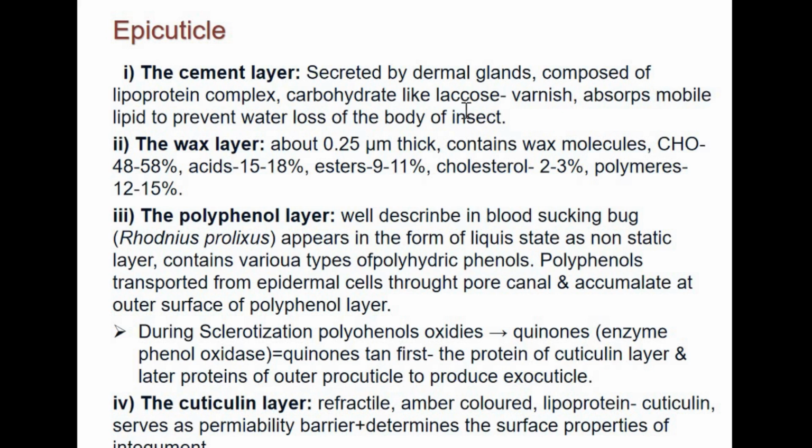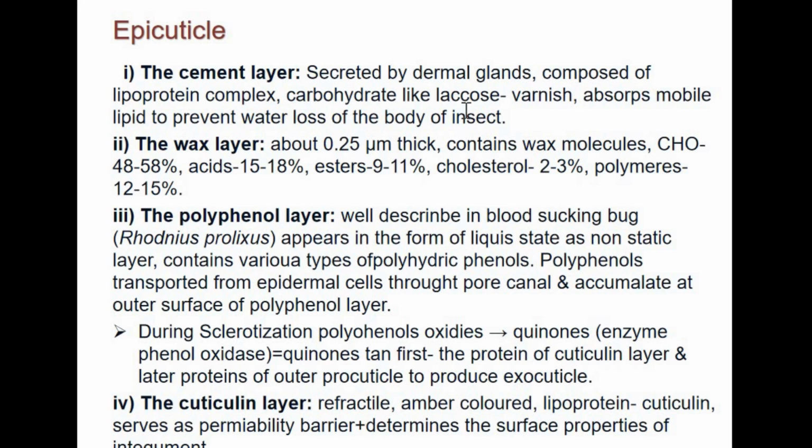So you know what is the role of varnish? When we make furniture, on the furniture we apply polish, and polish is nothing but a varnish, which gives protection. Similarly, such a carbohydrate gives protection as a varnish to the outer surface of the integument.